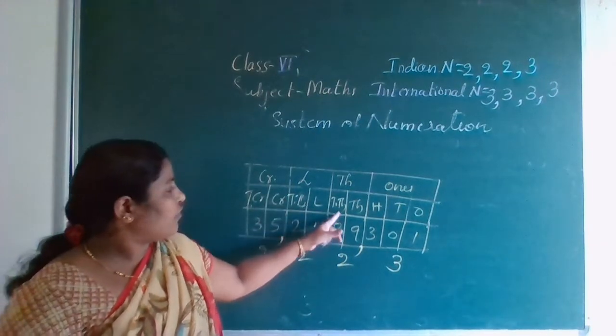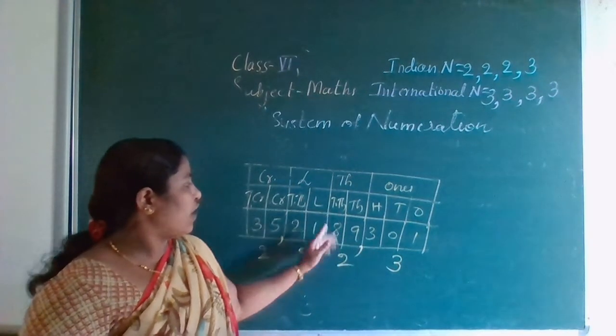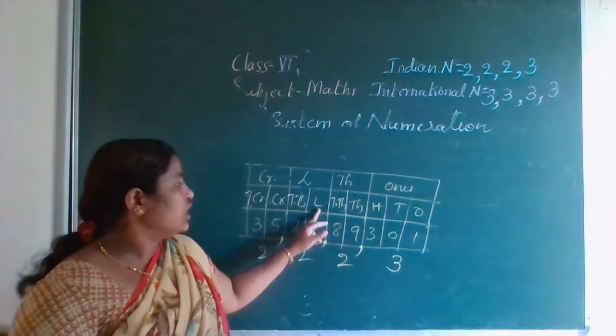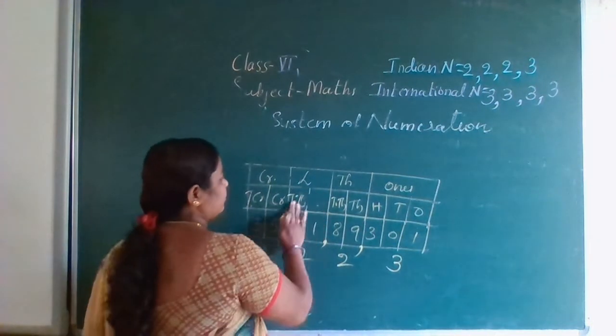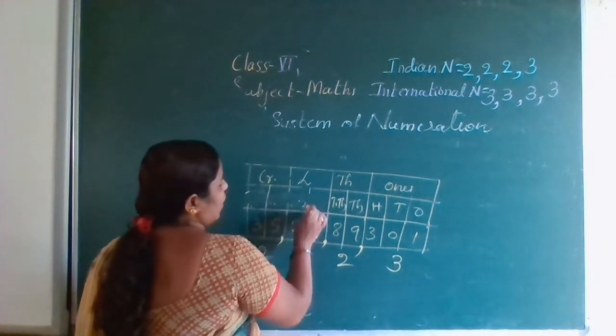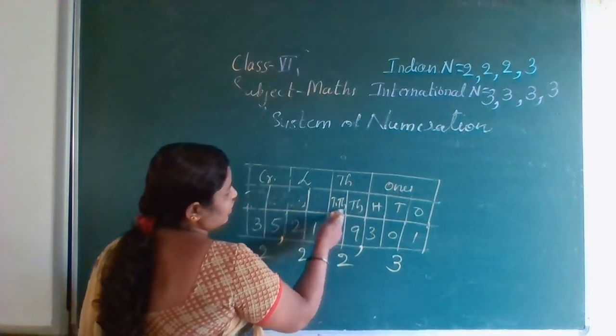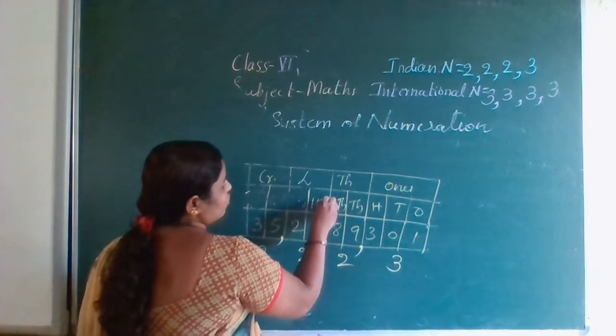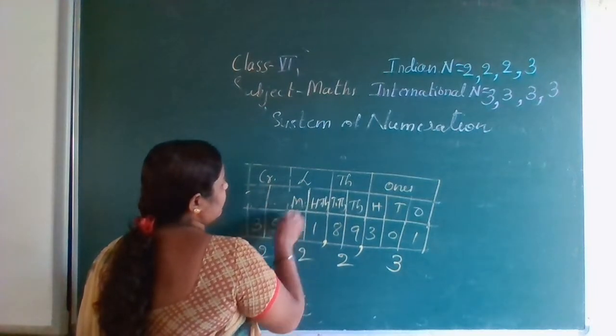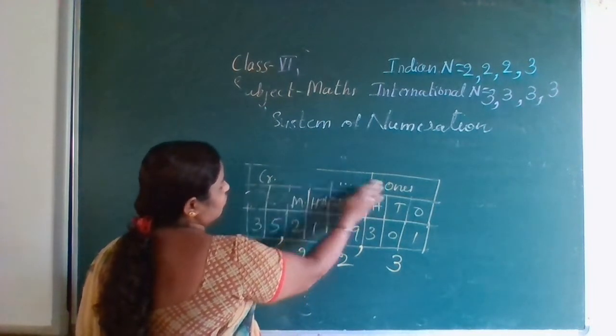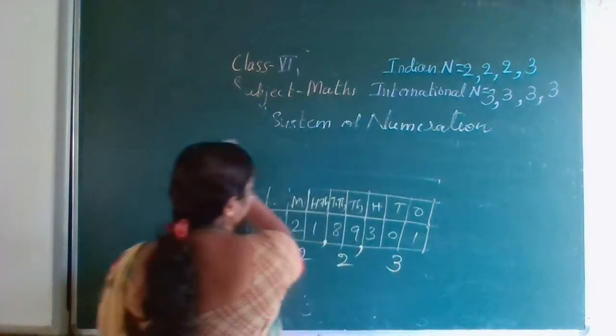After 5 digits, 1, 2, 3, 4, 5, from here it changes. Here after 10,000 it will become 100,000, and this will become million.